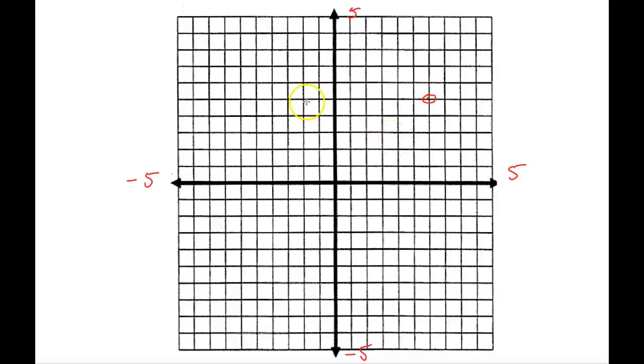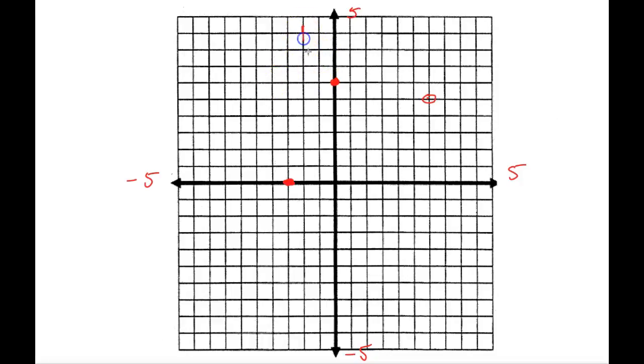In addition to that, we know that we have an x-intercept at -3/2 or -1.5. So that will be here. We know we have our y-intercept at the point 0, 3. So that's 1, 2, 3. And we know we have a vertical asymptote at x equals -1.